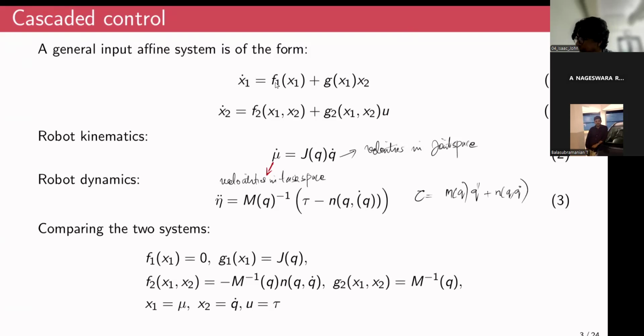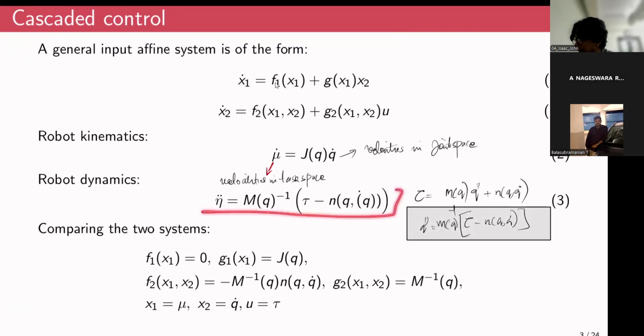If you rearrange this equation to obtain the accelerations, you get q double dot equals tau minus n(q, q dot), the whole term pre-multiplied by the inverse of the mass matrix M(q). This is what I've written in equation number 3. The first equation is the pure kinematics.